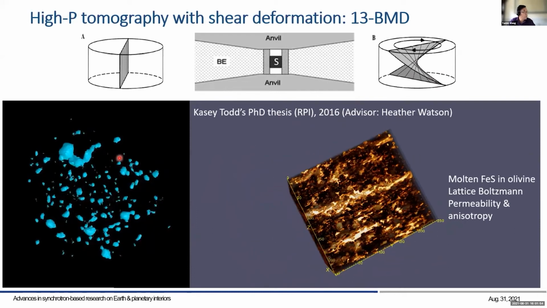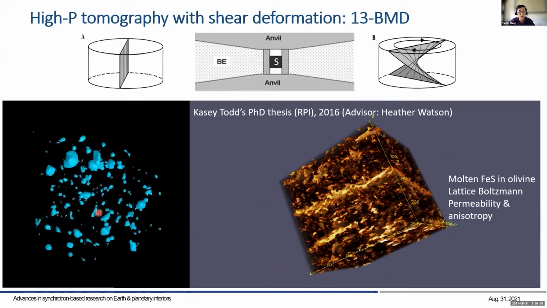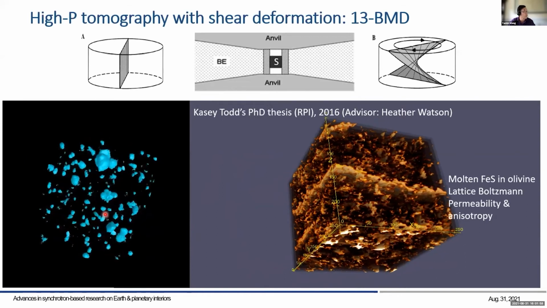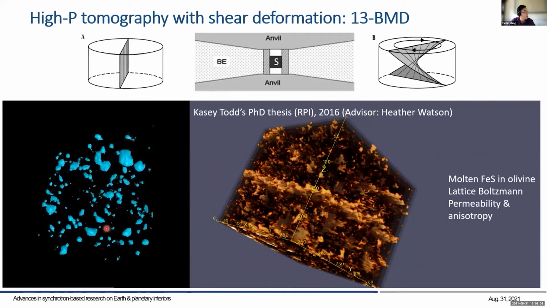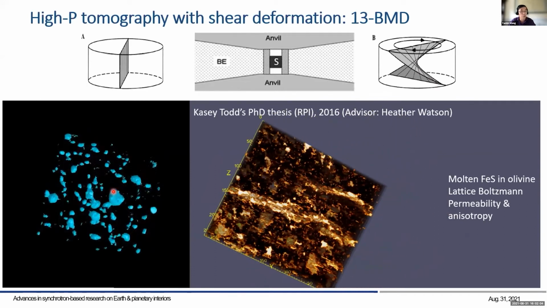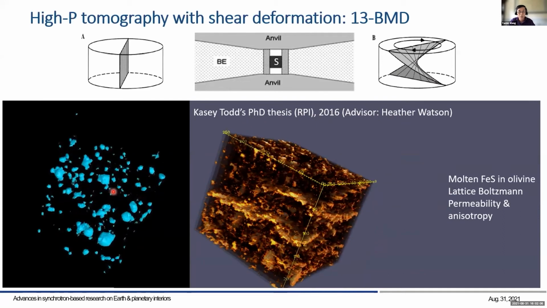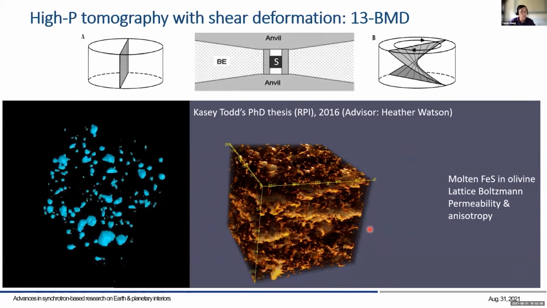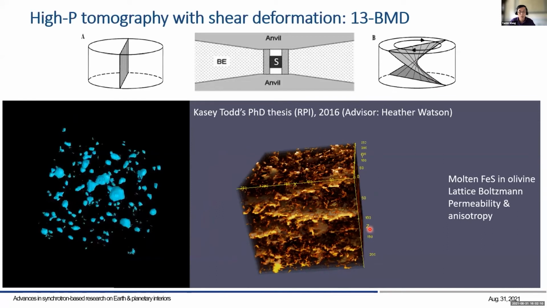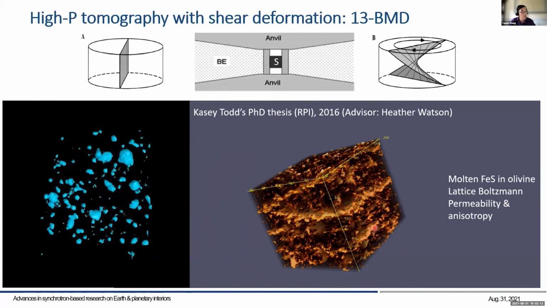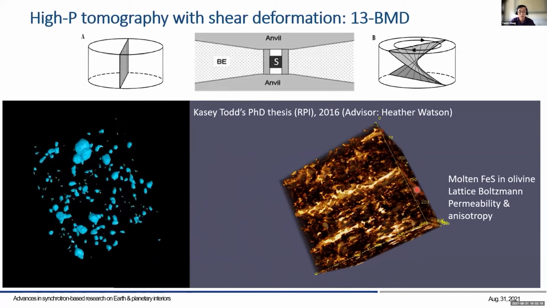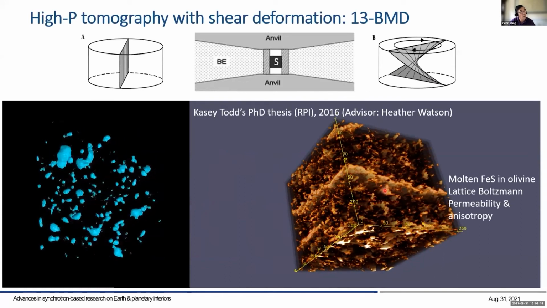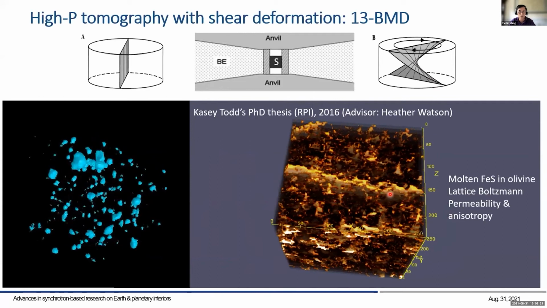The left movie here shows a sample with initially well-separated FeS blobs inside silicate olivine, which has been digitally removed. After a shearing strain of about 10 at high pressure and temperature, the molten FeS blobs are forced into these shearing bands, inclined at an angle of about 15 to 20 degrees or so.